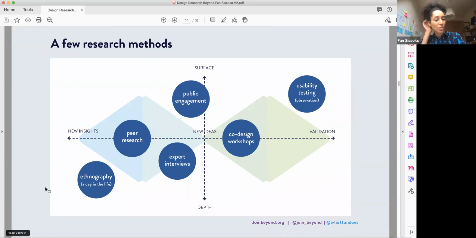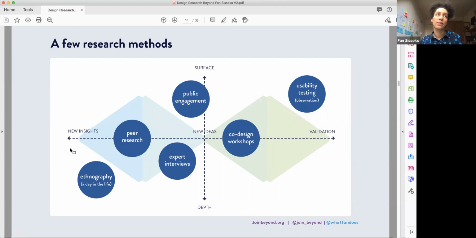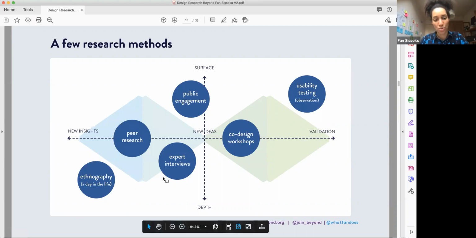Okay, so this is an overview, and essentially what you see here is that I've mapped the design process in the back, and these methods will be useful to you at different moments. So if you're starting, if you don't have a really sound understanding of the problem that you're tackling, if it's all very new, or you're working with a new kind of demographic of people, then you will tend to choose research methods that are closer to the left-hand side, because they're more about generating new insights.